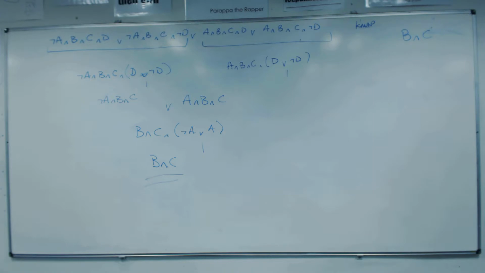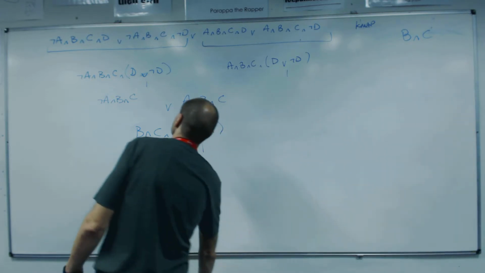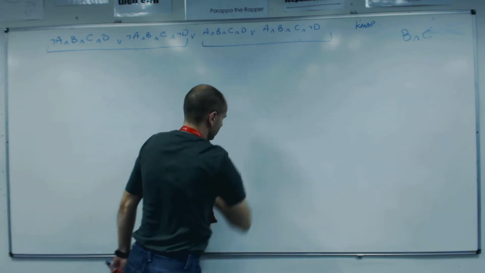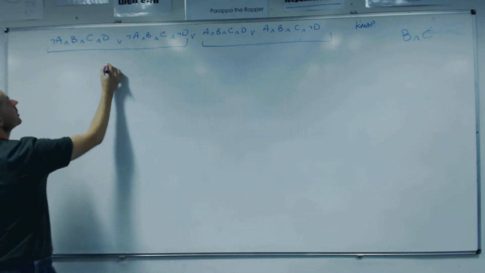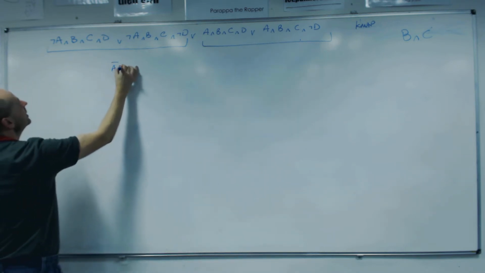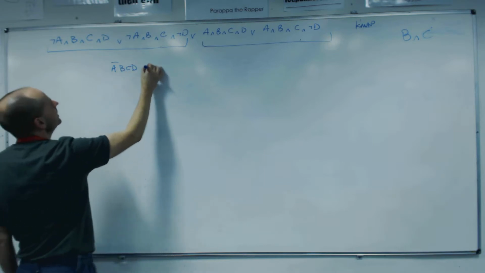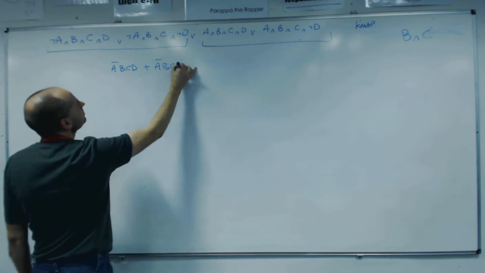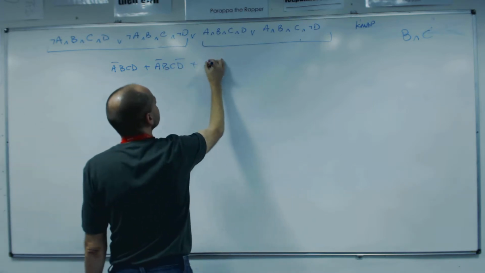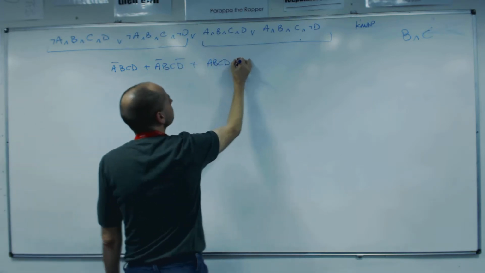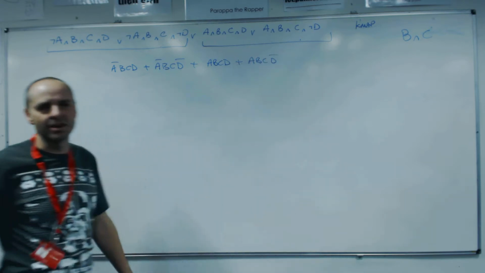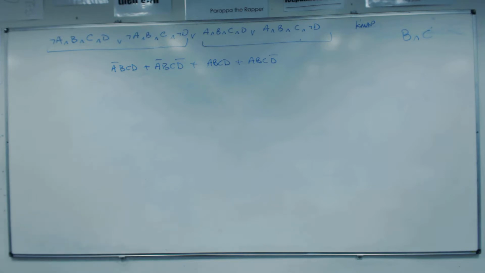Right, I'm going to write this in maths notation and just do the same process. Right, so I've got not A, B, C, D. I'm going to write in super lazy maths notation as well. I'm not even going to put the dots. Right, that's it written in maths notation.